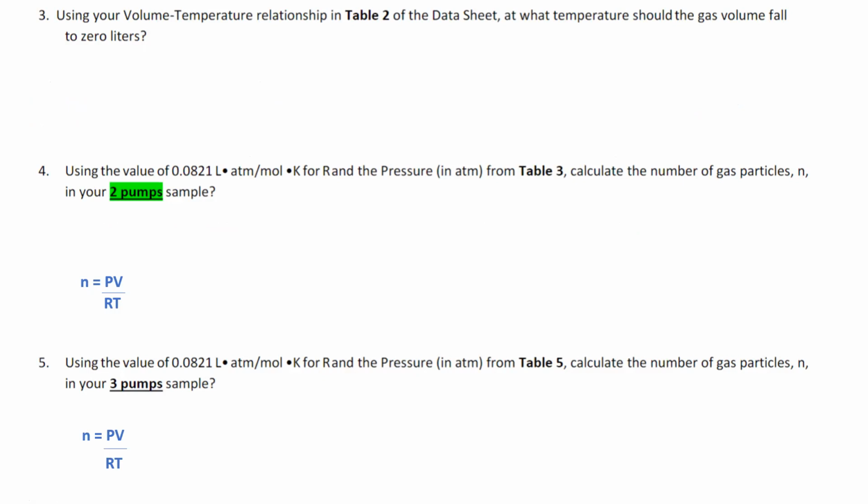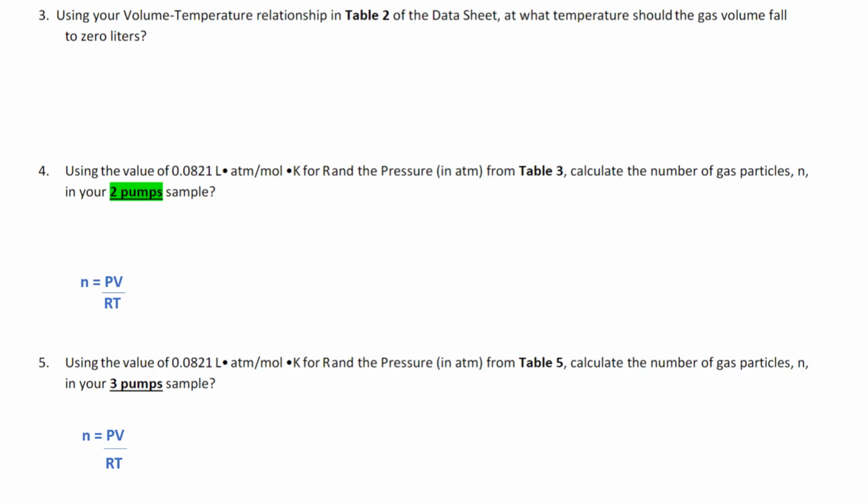But you can imagine, if it went down to 0 liters, what the temperature would be. So this is sort of a theoretical temperature. I don't want to say too much to give it away, but hopefully if you look at the data or go back to the simulator, you can make a guess on that one.